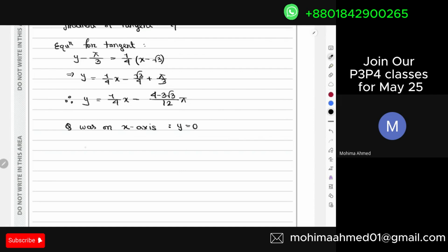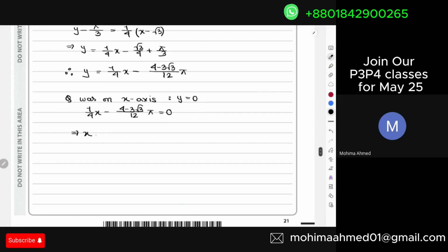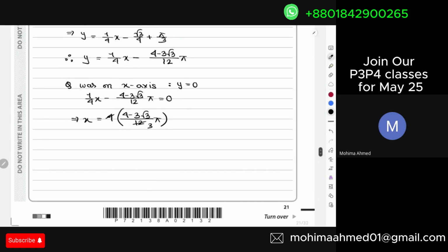And in that case, we can write 1 by 4 x, minus (4 minus 3 root 3) by 12 pi, equals 0. Right, if you take this to the right hand side, it will be positive, and this will be multiplied with this, right? So this will be multiplied with 4, so this and this cancel out, leaving 3 in the denominator. So now you have, wait.